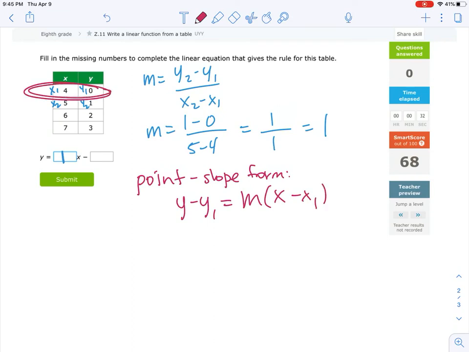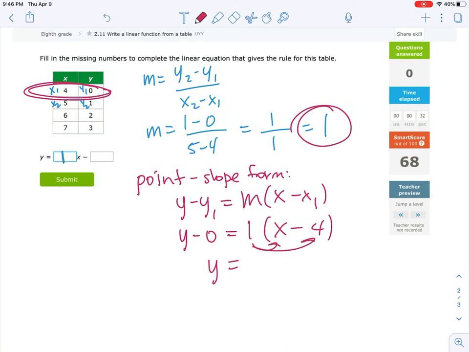So here is x1, y1, and here is m. So y minus 0 equals 1 times x minus 4. y minus 0 is just y. Distribute the 1: 1x minus 4. Notice again the minus sign is already there for us. All we have to type is a 4 in the box.